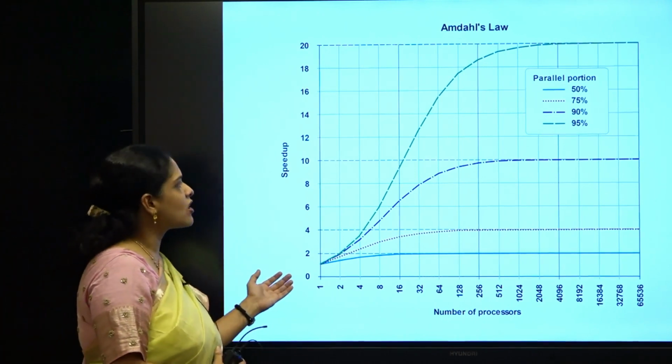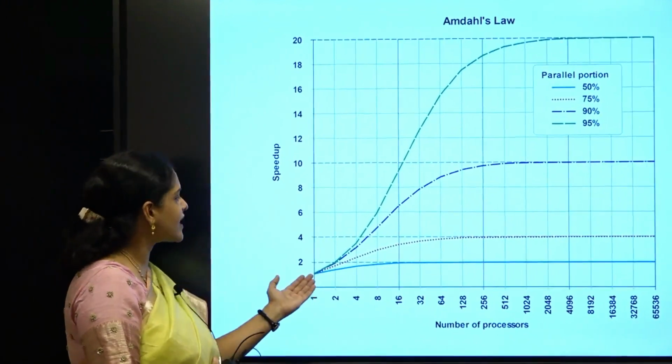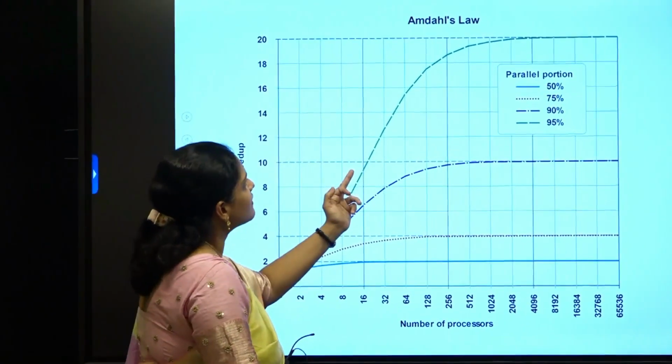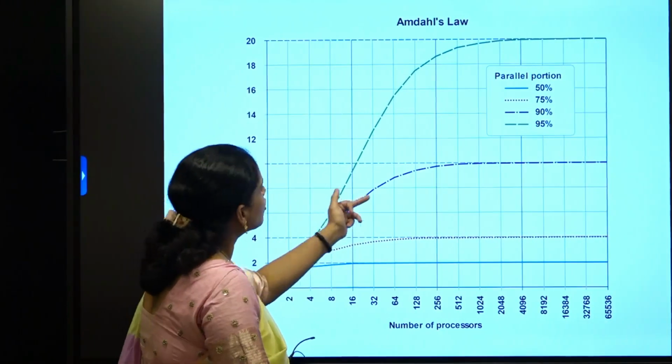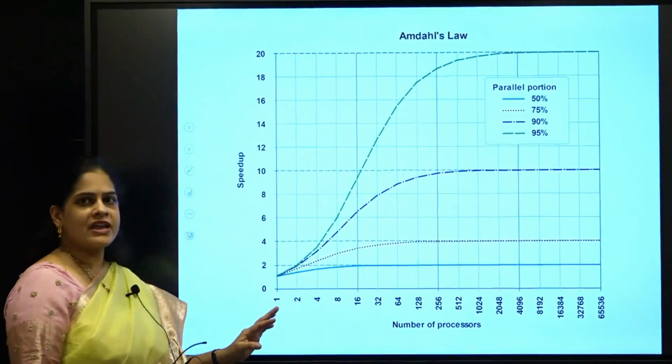So you cannot get any more speedup. Only until some point will the speedup increase, and after that it goes to a saturation point where you cannot achieve any further speedup.